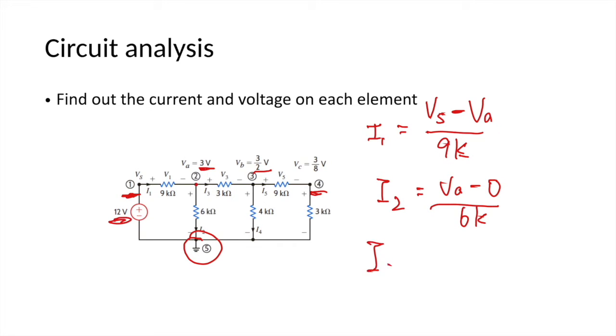And I3 equals Va minus Vb over 3K. Using a similar method, we can obtain I4, I5, and so on. This example tells us that it is very important to obtain the node voltage, and once the node voltage is obtained, we can easily calculate the current on each element.